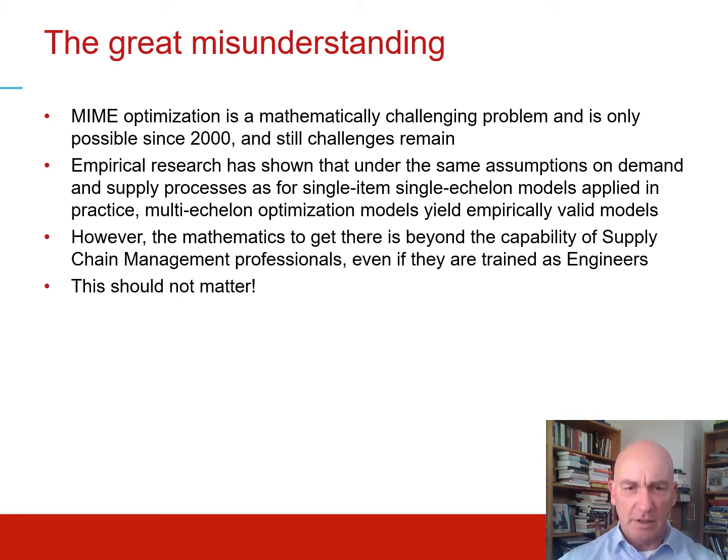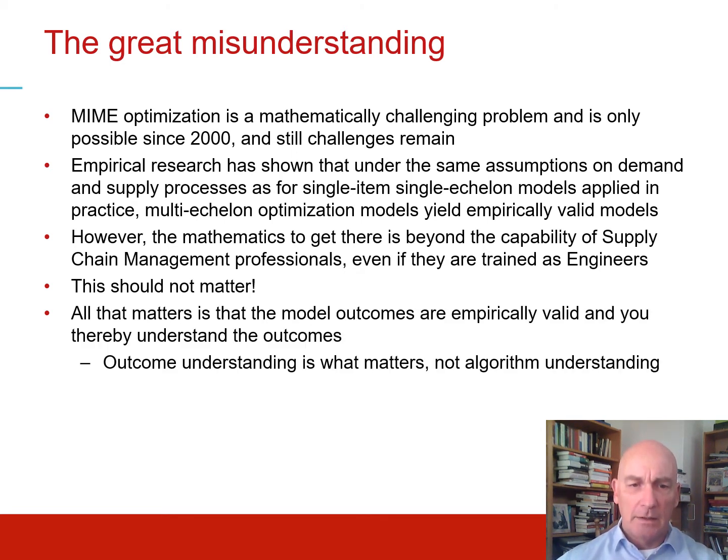Another example would be Google's page rank search algorithm, and we still don't know exactly, at least most of us, how that works. So it is not important. The only thing that matters is that you can judge the outcomes of the models. So if you use a tool like navigation systems or multi-echelon systems, you check whether the outcomes make sense to you.